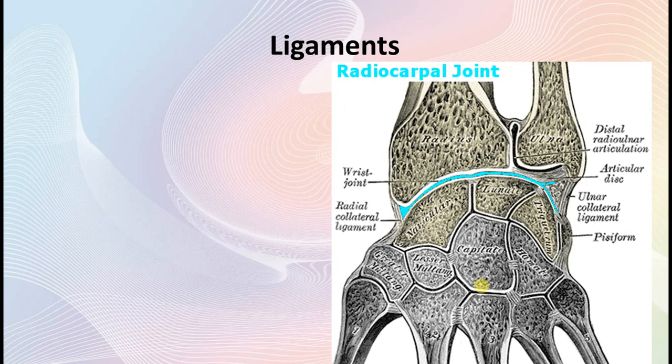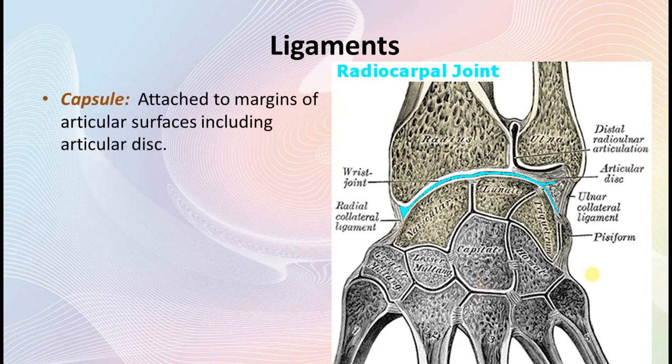The first one is the capsular ligament. It is attached to the margins or periphery of the articulating surfaces, including the articular disc. So, along the margins of the inferior surface of the radius and the articular disc, and along the margins of the scaphoid, lunate and triquetral.